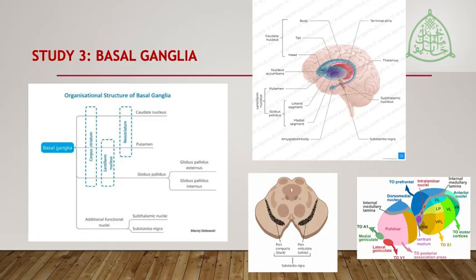So the image above shows the different parts of the lentiform and the basal ganglia structures, which are well labeled. The image below, the large one on the left-hand side, is a cross section through the midbrain, where you can see the substantia nigra in the anterior aspect, the dark collections of neurons, labeled pars compacta and pars reticularis.